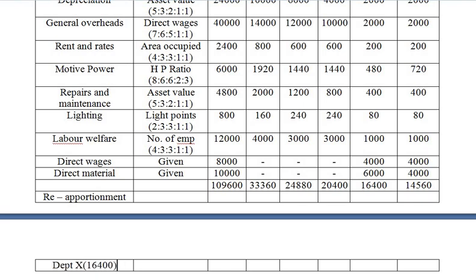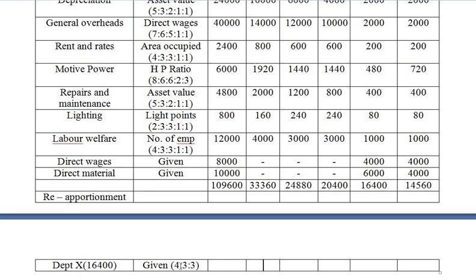So whatever total we have got is 16,400. Now this should be distributed to A, B and C, and the ratio is already given. The ratio is 4:3:3, right?